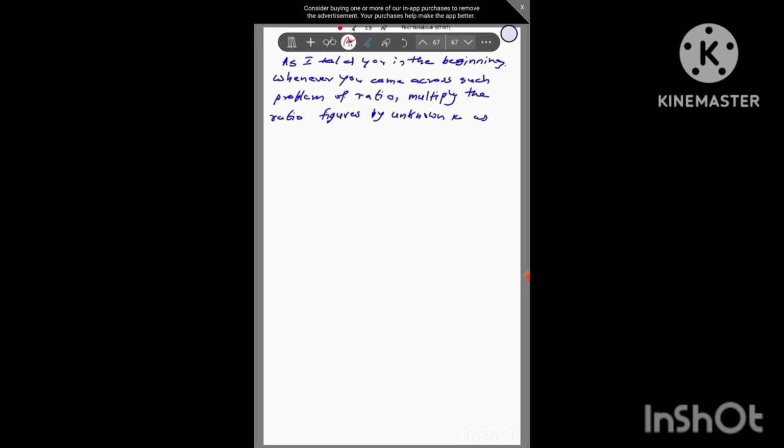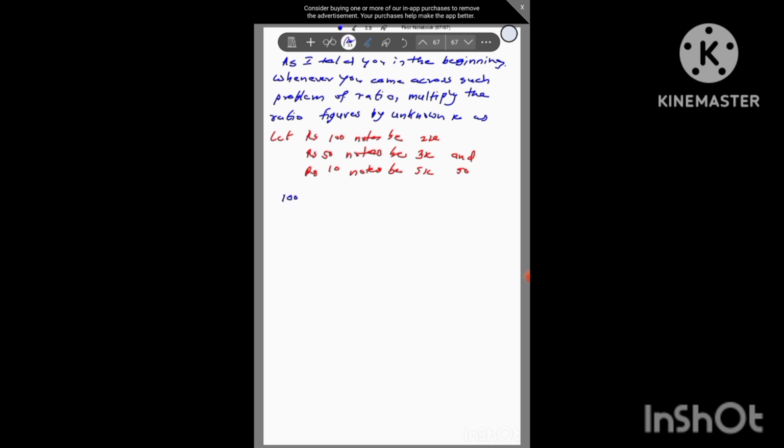Now as given in the problem, let rupees 100 notes be 2x, as the ratio is 2 is to 3 is to 5. So 100 notes will be 2x, then 50 rupees notes will be 3x, and 10 rupees notes will be 5x.